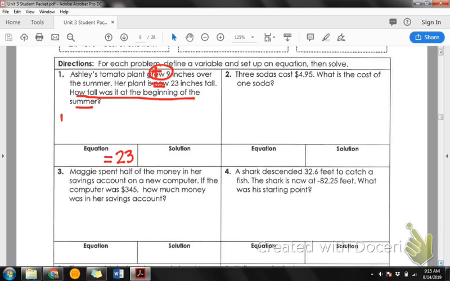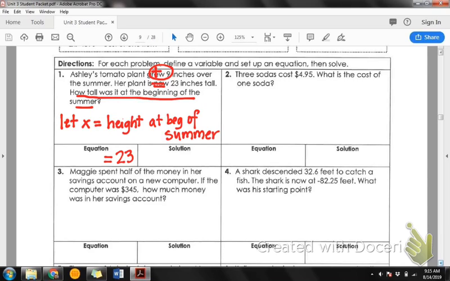So we can say, let x equal height at the beginning, and you can abbreviate, of summer. Or whatever variable you want to use. Let x equal the height at the beginning of the summer.